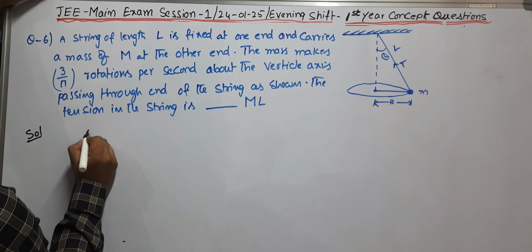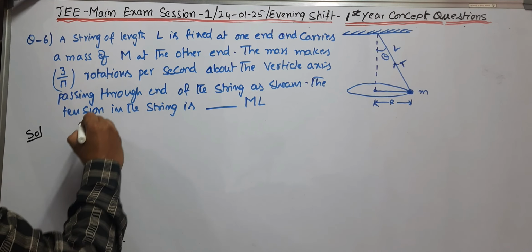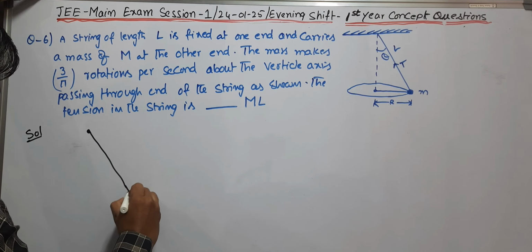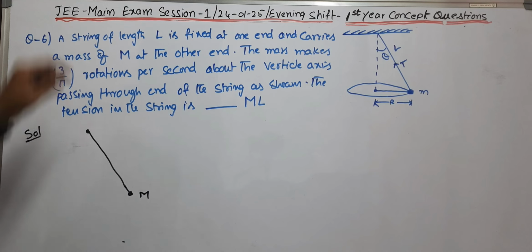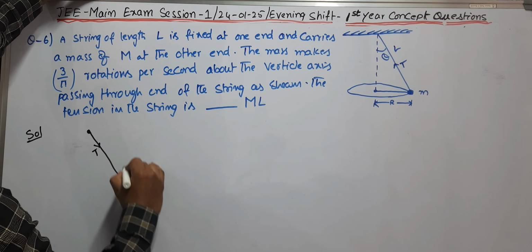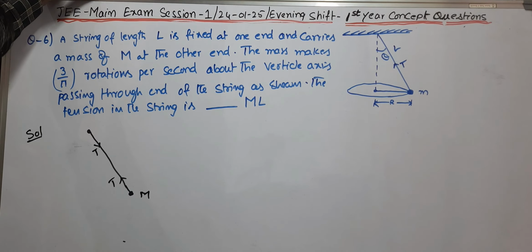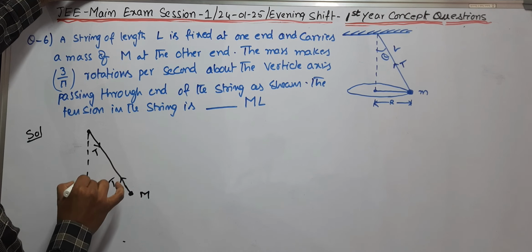So this is the point of suspension. At any position the string makes like this. This is the mass m. You know, tension is away from the mass, similarly tension is away from this fixed point. This is the vertical axis.